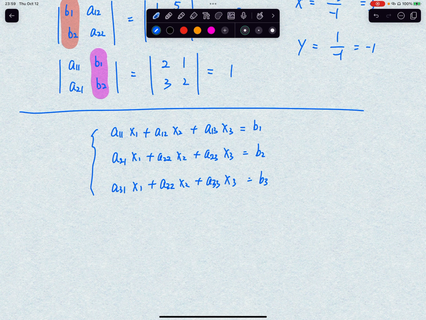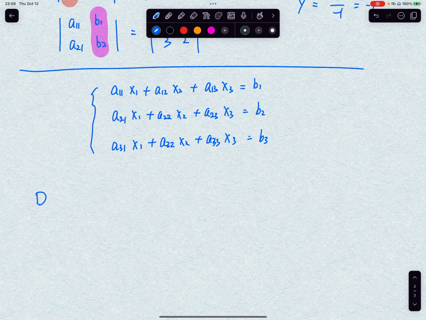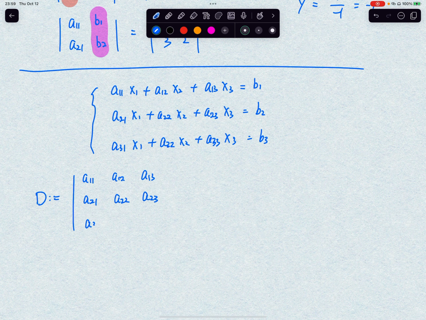We still apply the algorithm for solving the linear system with two variables, and we see that our determinant, if we denote it by D, is A11, A12, A13, A21, A22, A23, A31, A32, and A33.